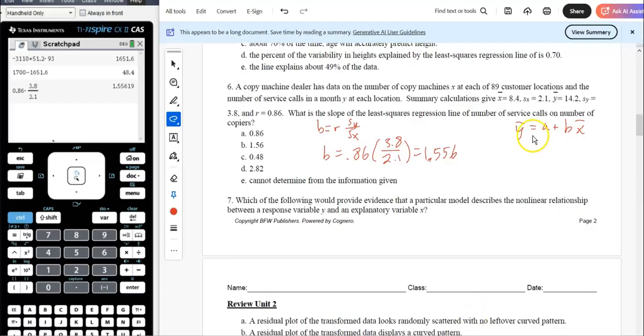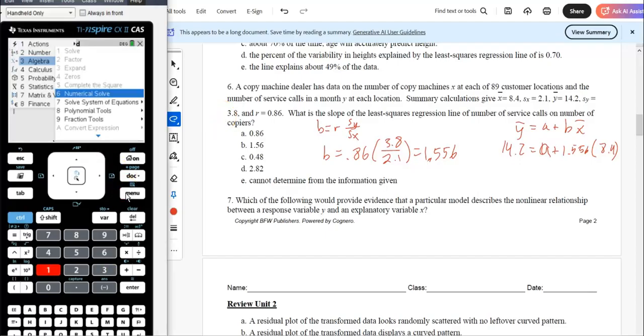Okay, so now we're going to plug into the equation here. So we know y bar is 14.2 equals, we don't know a, plus 1.556 times x bar, which is 8.4. So now you go to the solve command, menu 3.1.